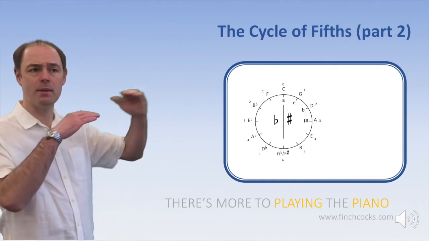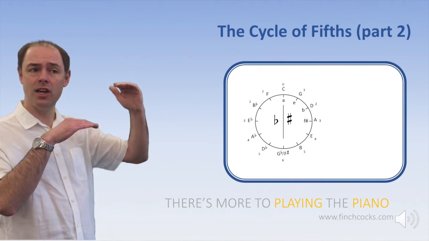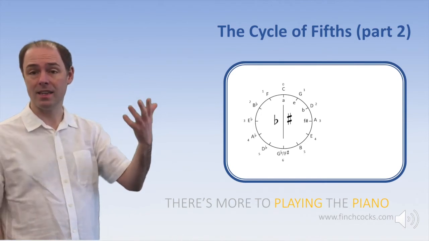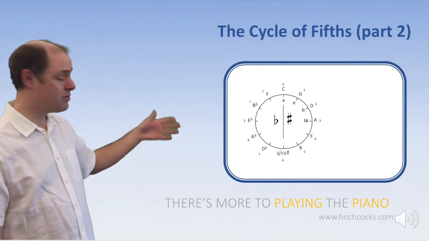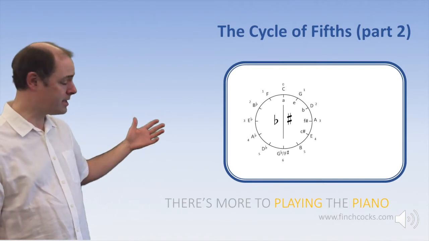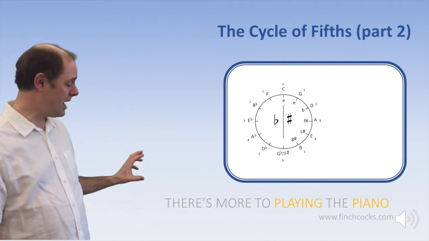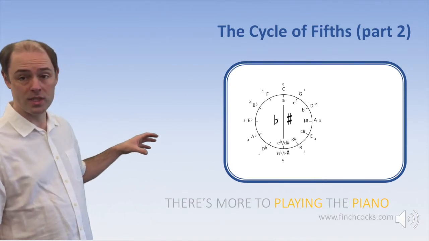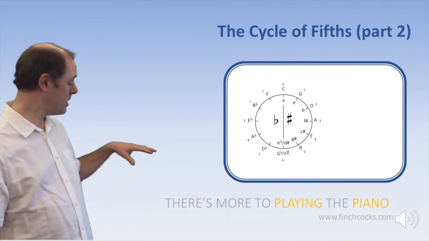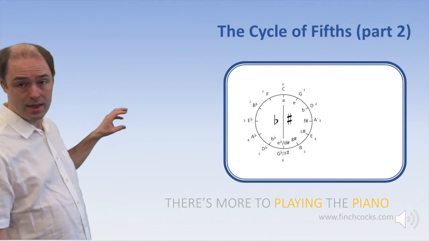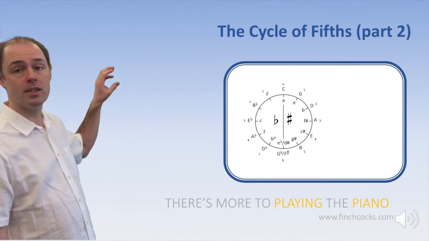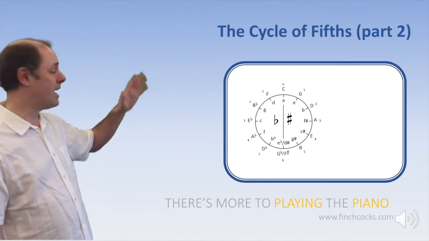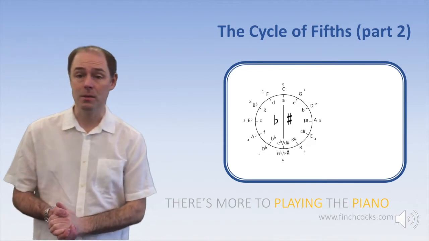Because the scale of A major, A, G sharp, F sharp, has an F sharp in it. E is related to C sharp, B is related to G sharp. G flat or F sharp is related to E flat or D sharp. Carrying on, we've got B flat minor, F minor, C minor, G minor, D minor, and our cycle is complete.